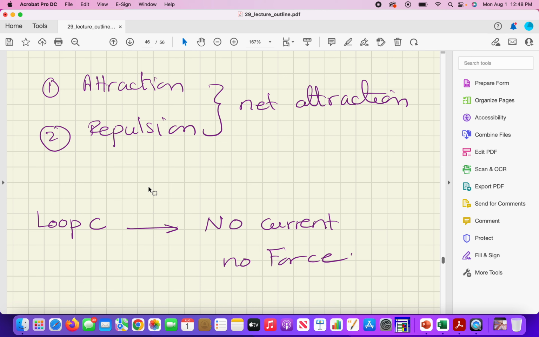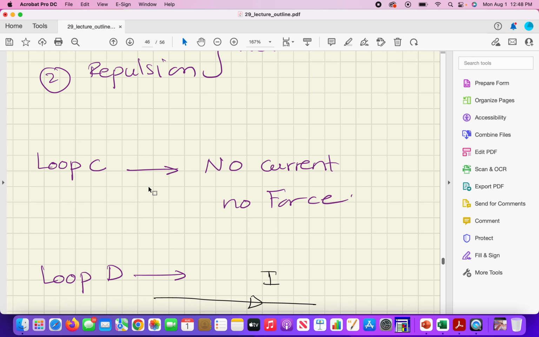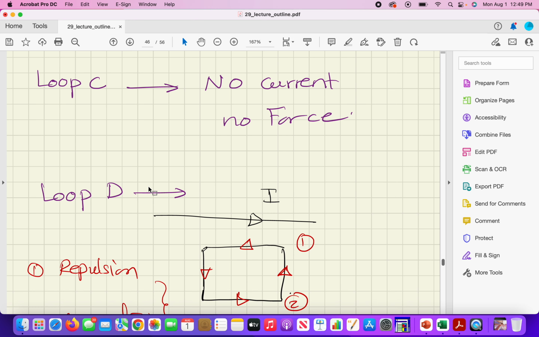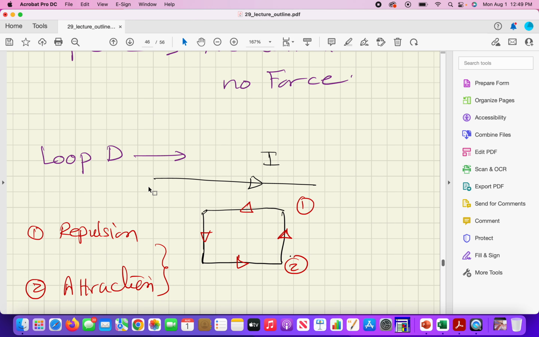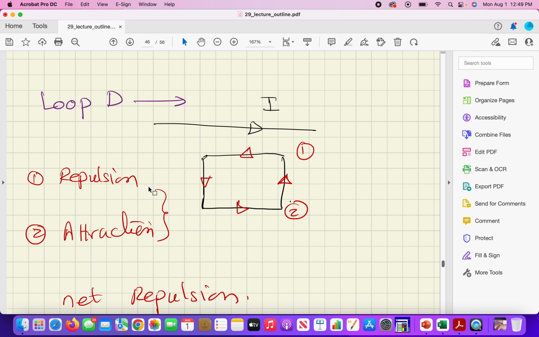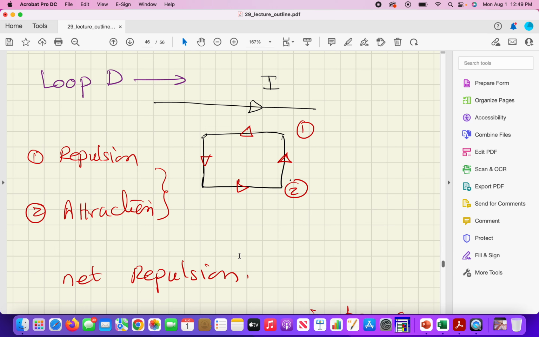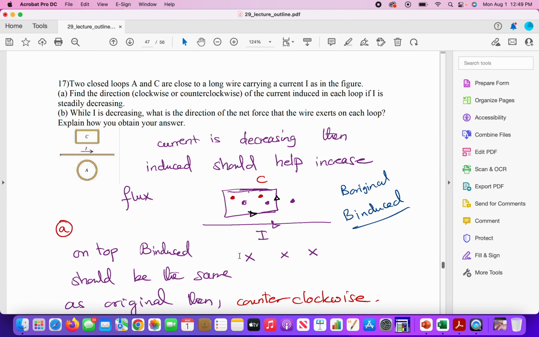For loop C, we don't have a current and no force. For loop D, it is an increase in flux, therefore it is going to be repulsion. Or again, use the same idea: 1 is repulsion, 2 is attraction. We have more repulsion than attraction, and therefore it's going to be net repulsion.